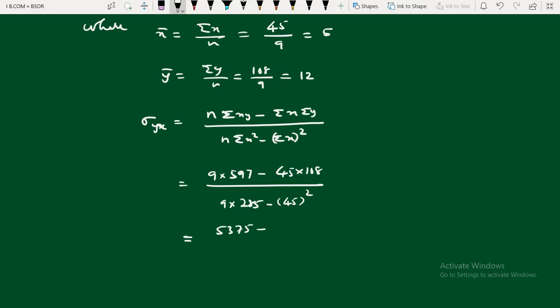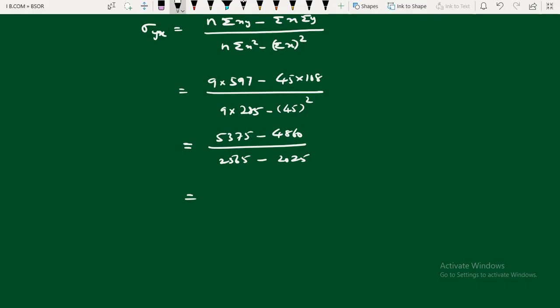5,373 minus 45 into 108, that is 4,860, divided by 9 into 285, that is 2,565, minus 45 square, 2,025. Let's simplify this. The numerator value is 5,373 minus 4,860, which is 513. The denominator is 2,565 minus 2,025, the value is 540.